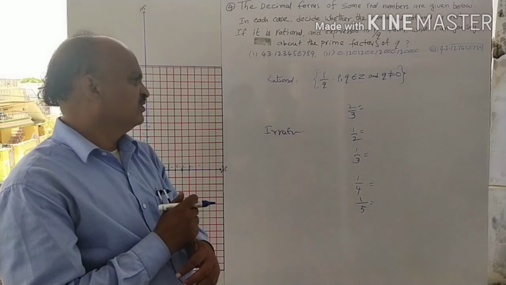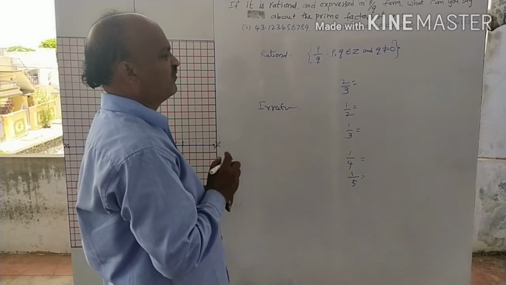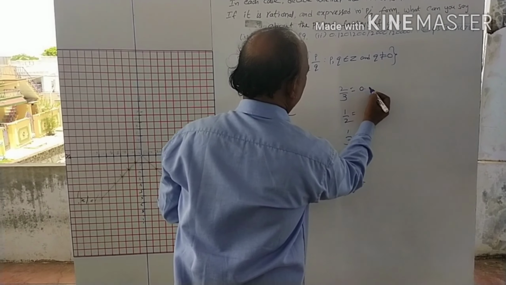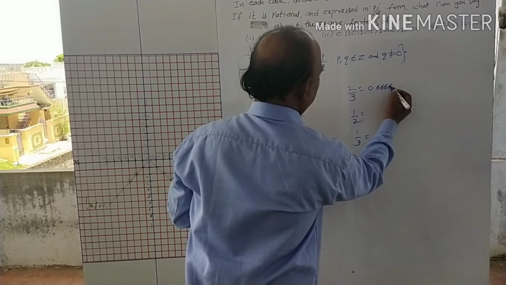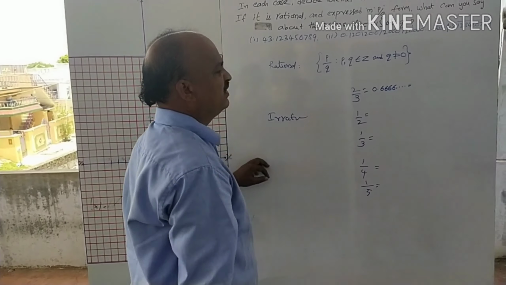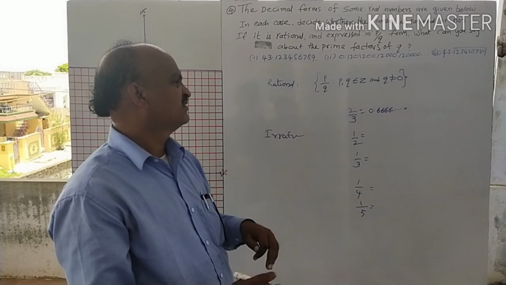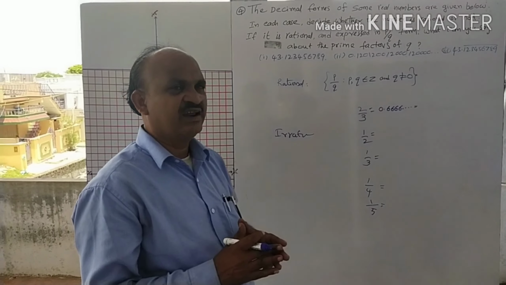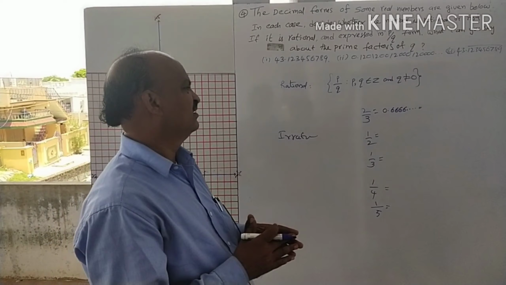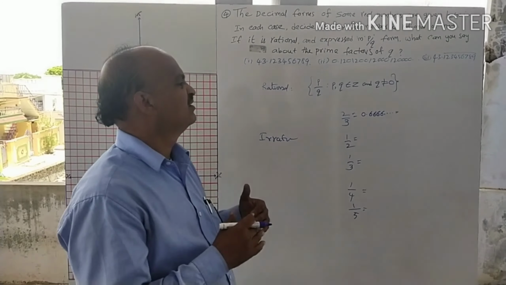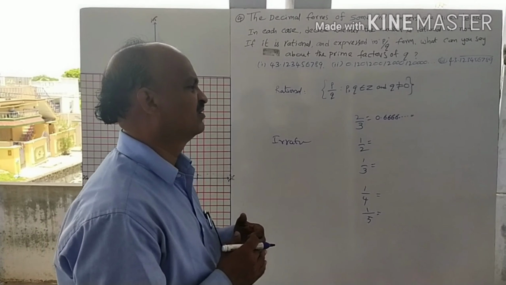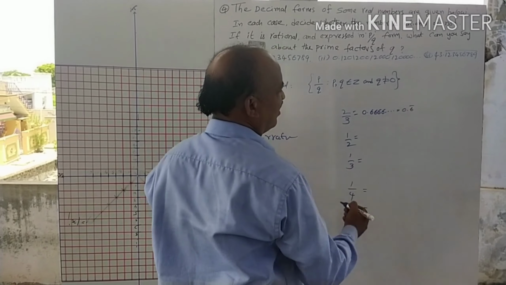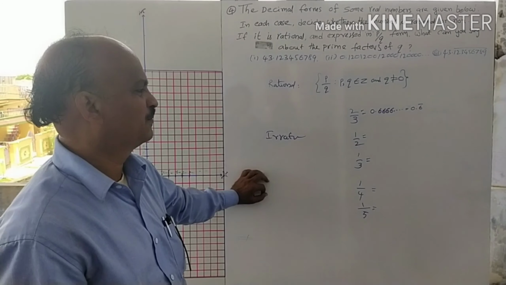If the rational numbers are in decimal form, 2 by 3 is 0.6666 and so on. Here 6 is repeating. That is called a recurring decimal. Recurring means the decimal occurs many times, infinite times. It is written as 0.6 bar on 6, recurring on 6.